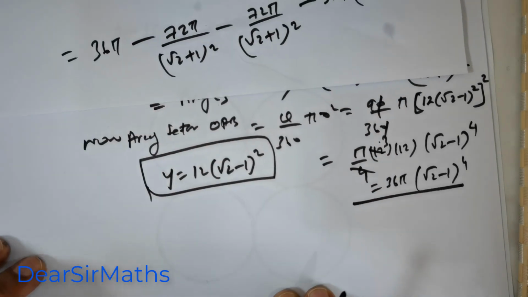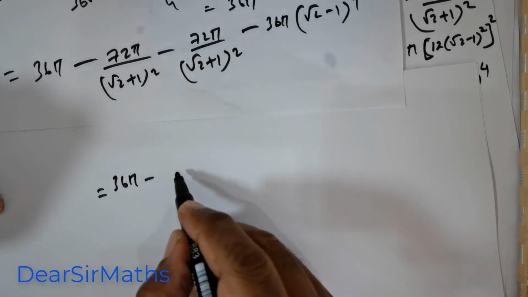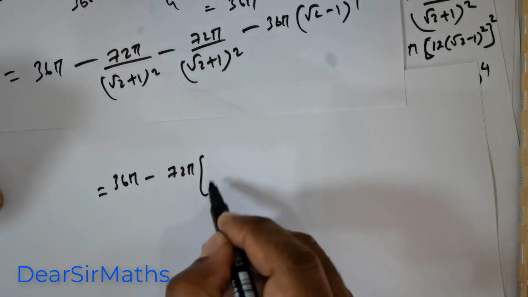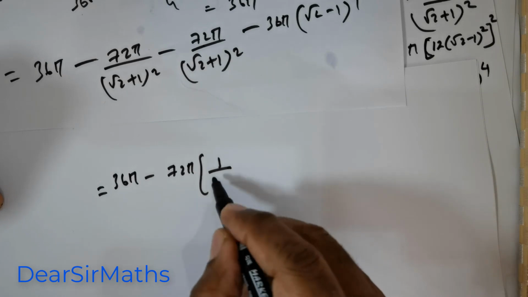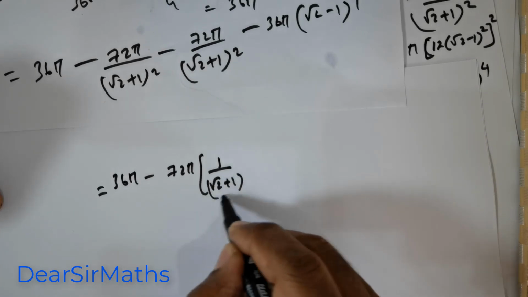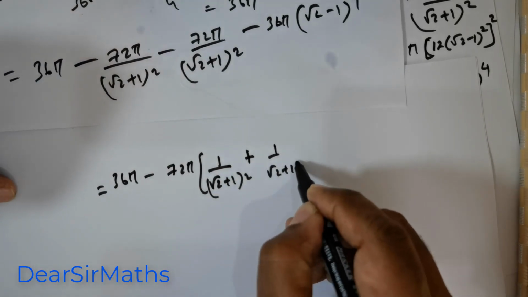So let me show you the simplification. So 6 pi, and then I will take 72 pi out of this. I will evaluate this separately. So 1 over root of 2 plus 1 whole squared, plus 1 over root of 2 plus 1 whole squared.